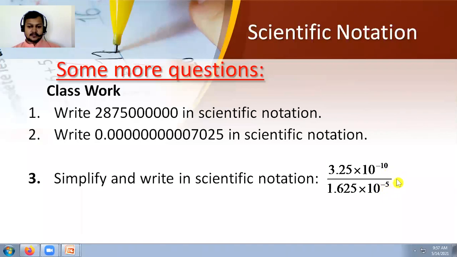Otherwise, if there is a positive sign, we have to subtract in the numerator. Easily you will get the answer: 2 into 10 to the power minus 5.